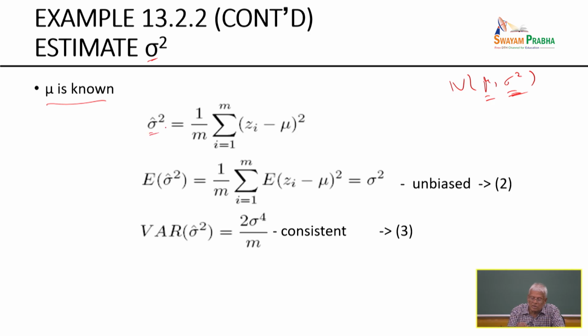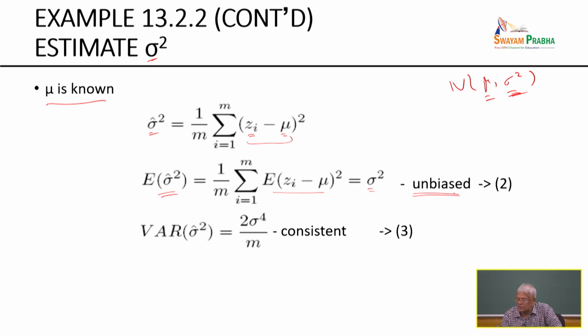The estimate of sigma square is the average of the squared difference between the actual outcome of the ith trial and its expected value. So the expected value of the sigma square estimate is equal to 1 over m times the expected value of that sum, and each of these terms is equal to sigma square, so m times sigma square divided by m. So that's equal to sigma square.